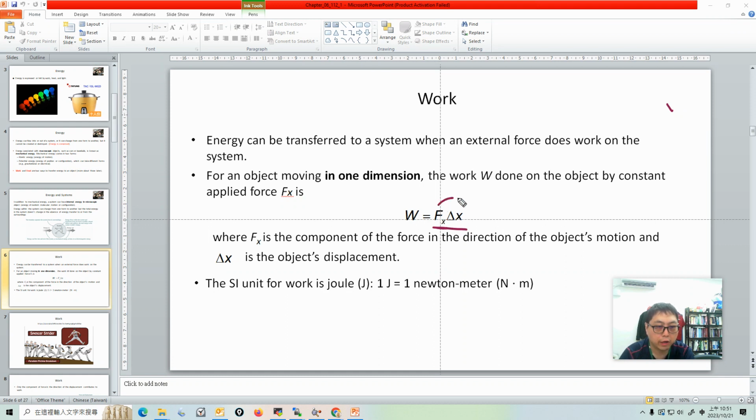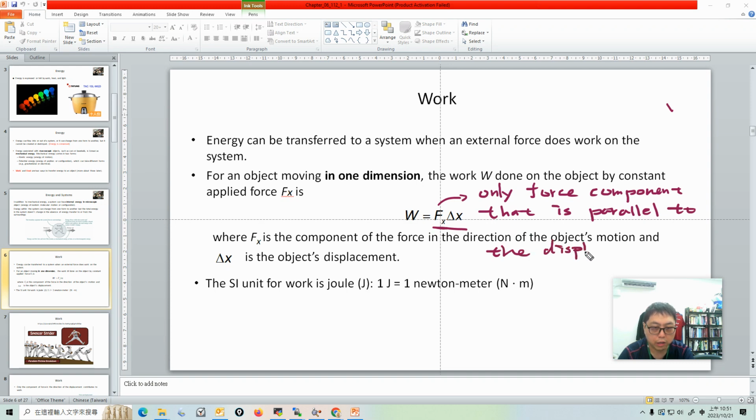This means only the force component that is parallel to the displacement direction does work.